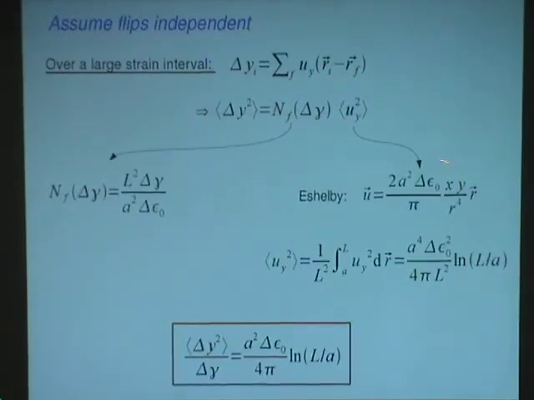SLB gives us a solution for this, so we can calculate the fluctuations of displacements due to one flip. We know the number of flips per unit strain, and that gives us an estimate of diffusion which presents a log L behavior, which is indeed a property of 2-dimensional elasticity.